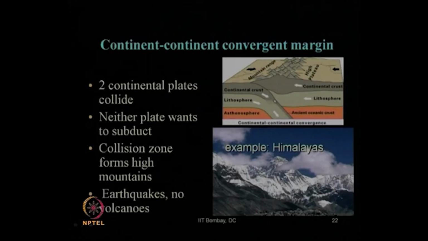It creates large mountains, and in this case mostly large earthquakes will occur, but no such volcanic eruptions. An example of two continental plates converging is the formation of the Himalaya mountains.